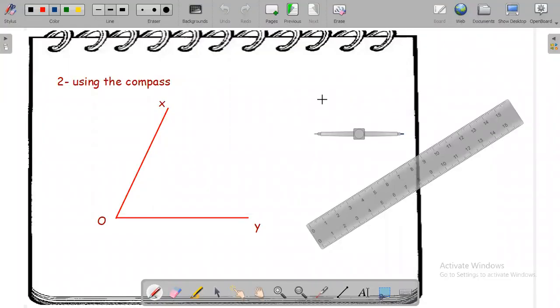Now the second method, how we draw the bisector of an angle using the compass. We take the compass and we put the tip of the compass at the vertex O and we draw a small arc here on the first arm OY.